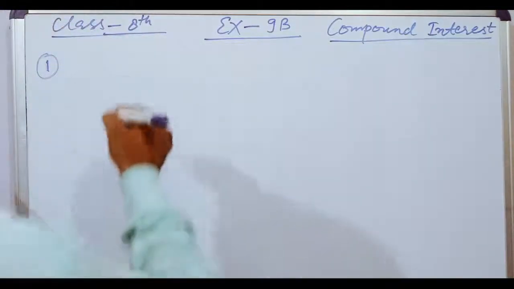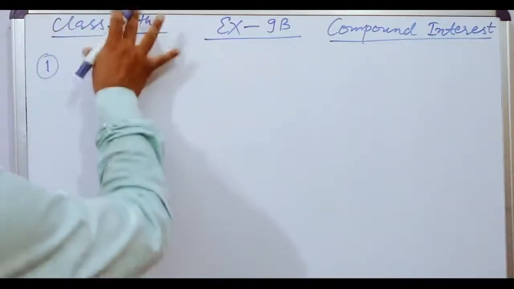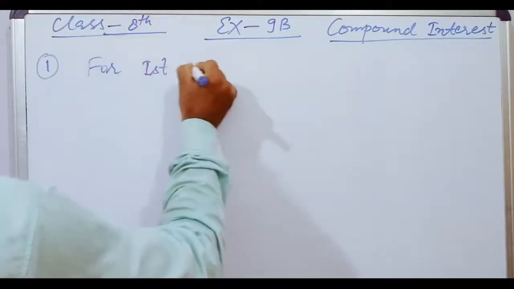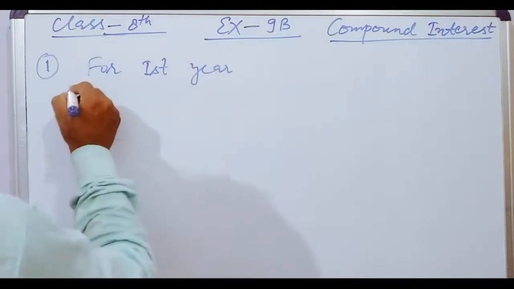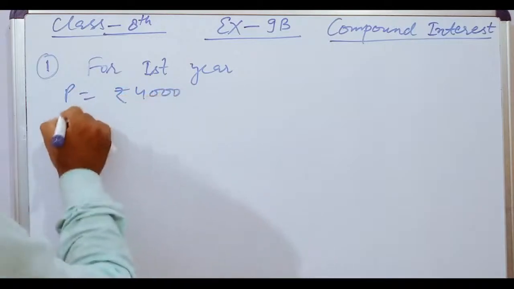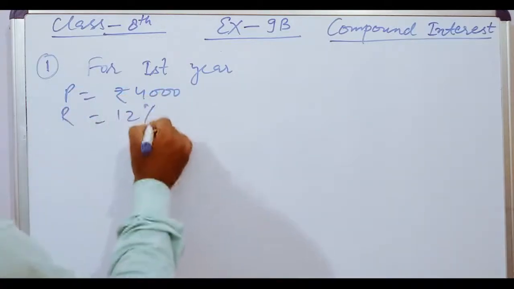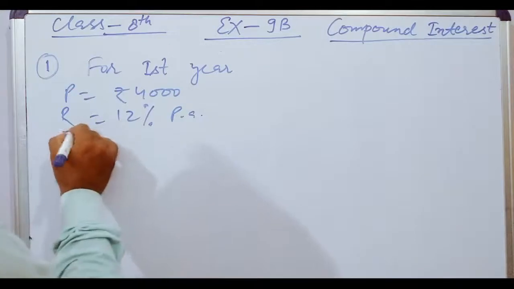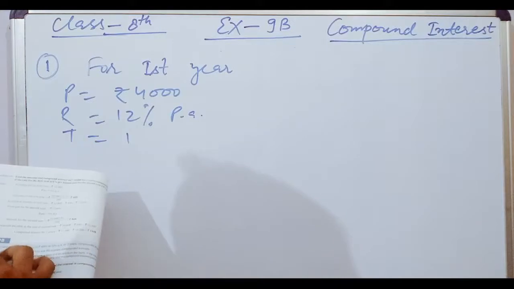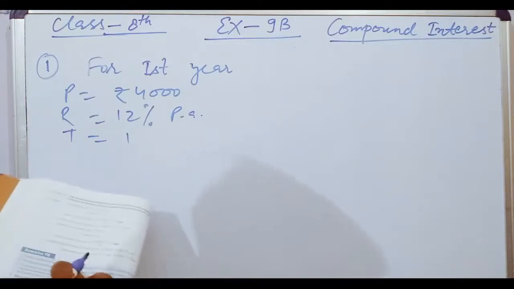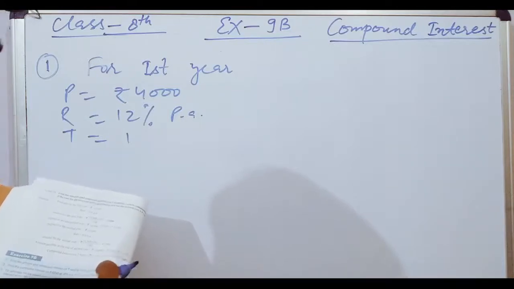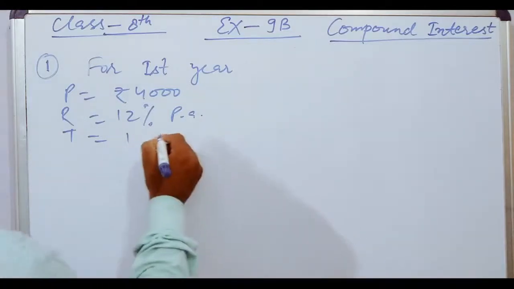So for the first year, principal equals rupees 4,000, rate equals 12% per annum, time 1 year. Here it is asking to find the amount and compound interest on rupees 4,000 at 12% per annum for 2 years compounded annually.